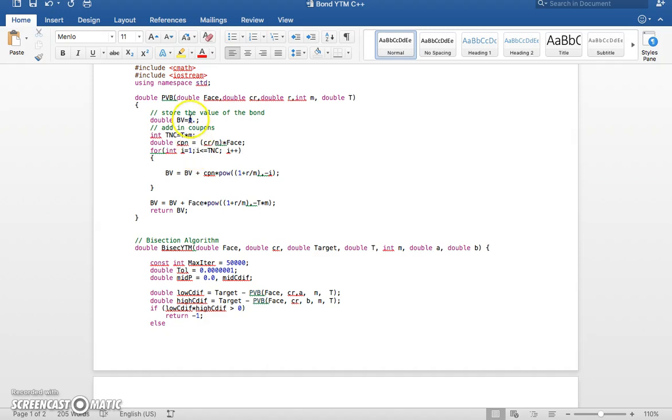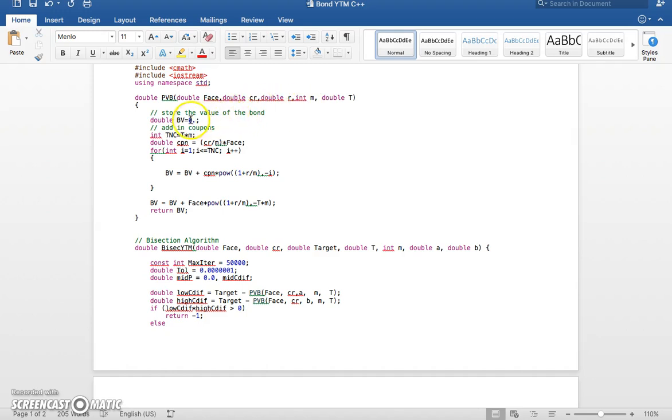So we have a loop type structure. We have the face value of the bond, the coupon rate, the discount rate, and the frequency of the coupon payment. Is it once a year, twice a year? Does it have higher frequency coupon payments per annum? And then the time period in terms of the maturity, expressed in this instance as the number of years.